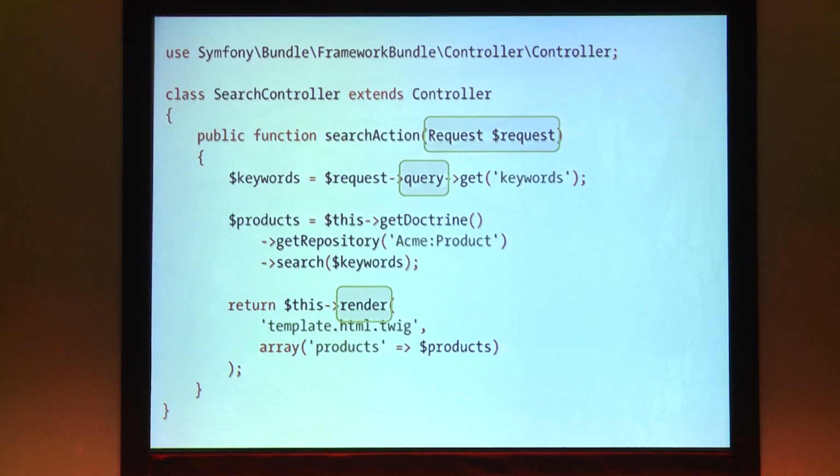That's a hidden call to a service. And then we also have a dependency on Doctrine, and then one of its repositories. And actually, there's a lot more that you don't see here. Extended controller brings a lot of potential dependencies in there. Okay, you have access to the whole container.